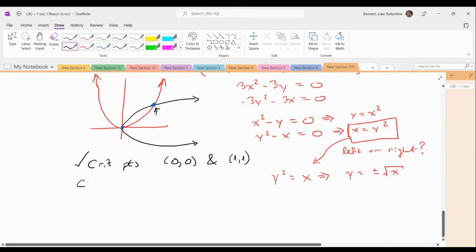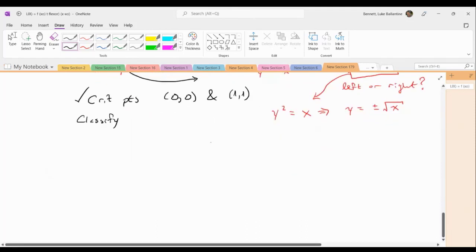Now the second part, classify. Okay. So what does that mean? This means we have a list of stuff to remember. If you can remember this, you'll do very nicely on this question. So if d is greater than 0 and fxx is less than 0, then we have a max.